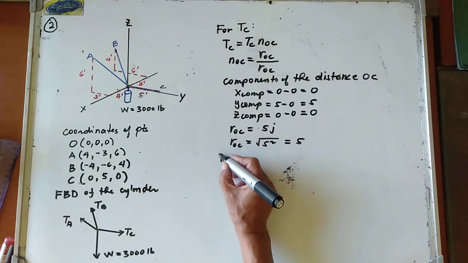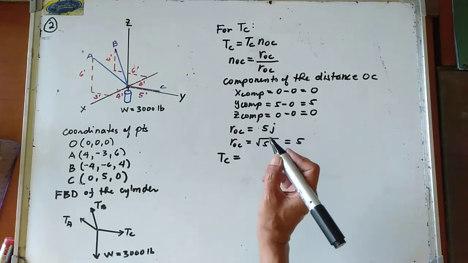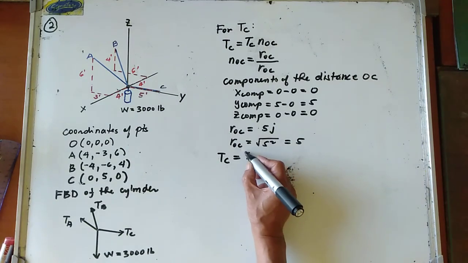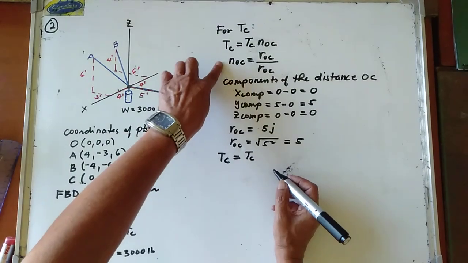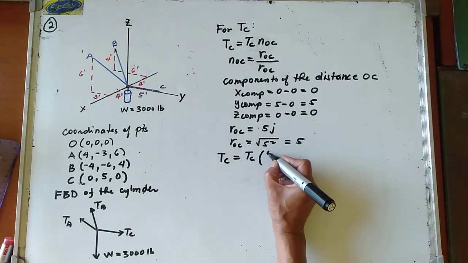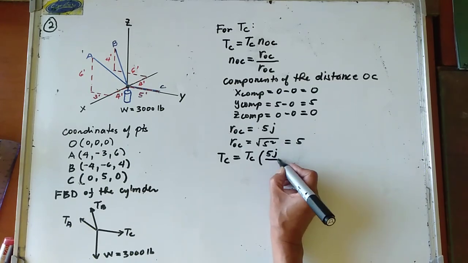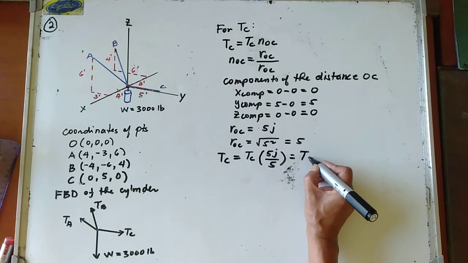Hence, your TC in Cartesian vector form is the magnitude of this vector multiplied by a unit vector, and that unit vector is 5j all over 5.